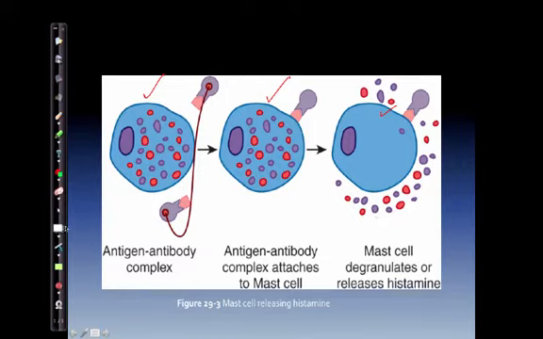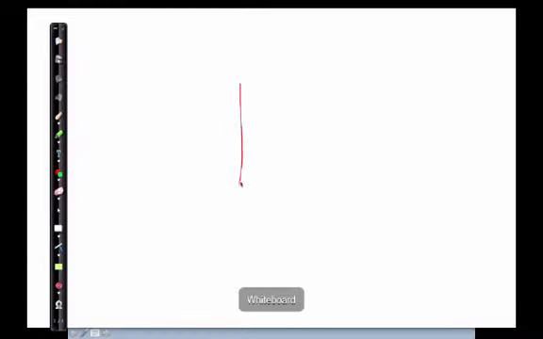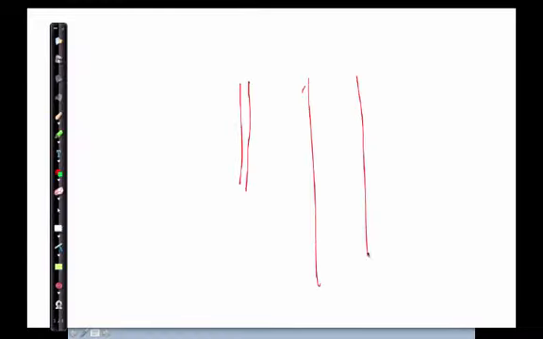So vasodilation would be this. All of a sudden we have a vessel that's this size, and now it is this size. That causes hypotension, low cardiac output, and pretty much brings about shock unless the body can respond to it. So most of our medications that we talk about later in treatment stop the histamine release and return this back to this.